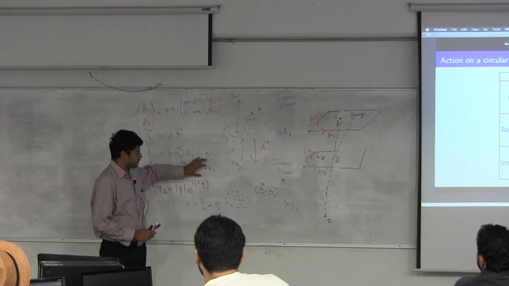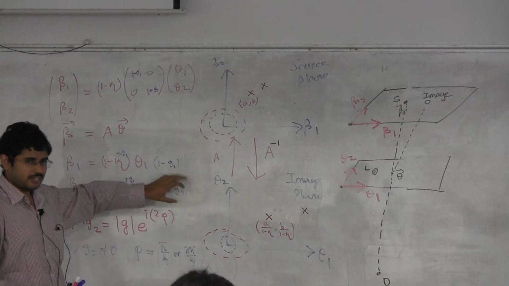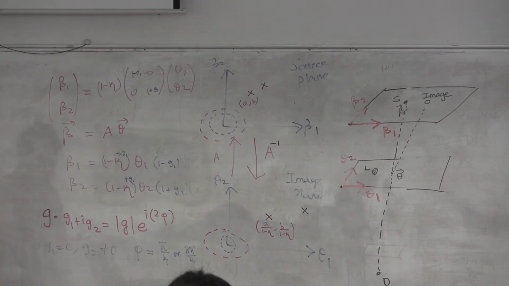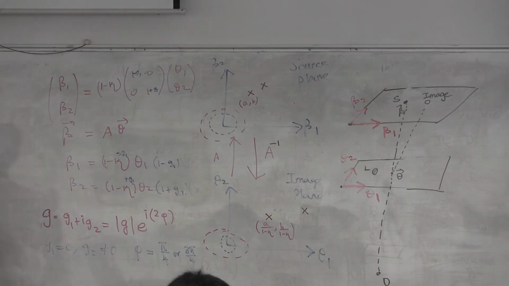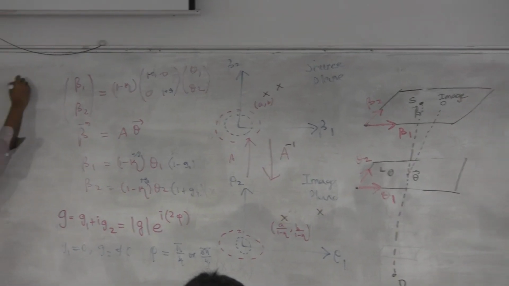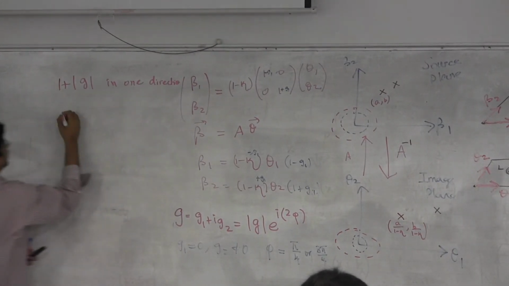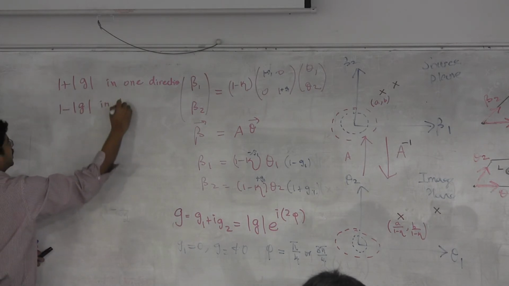So if G1 is 0, or if there is G2, then the correct way of doing this is saying it gets stretched by 1 plus modulus of gamma in one direction, and it gets contracted by 1 minus g in the perpendicular direction.